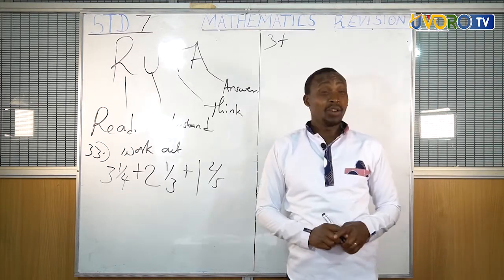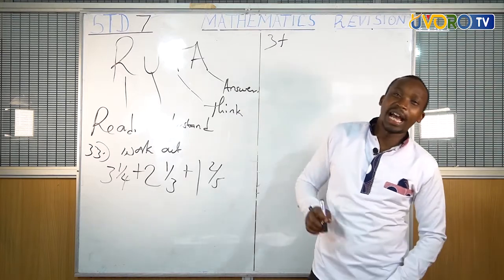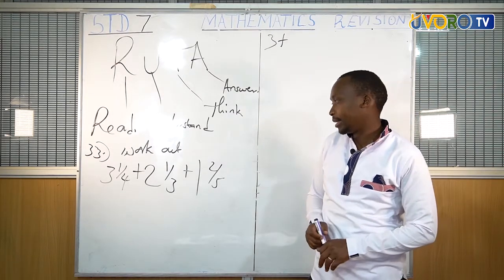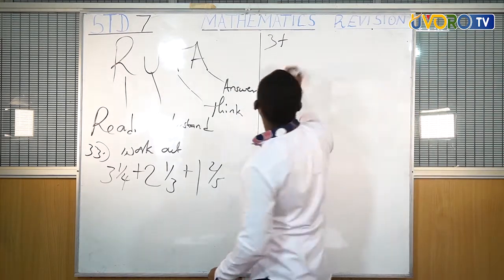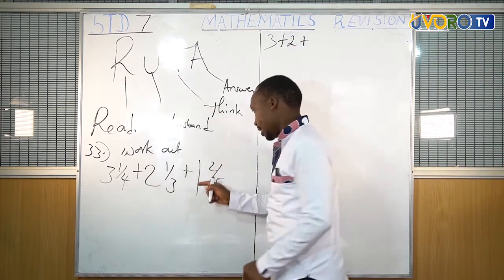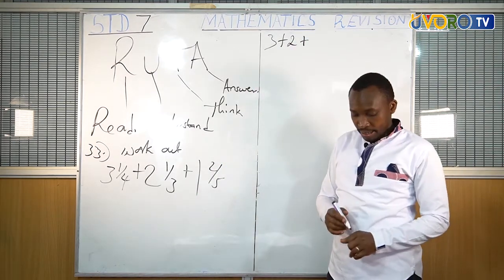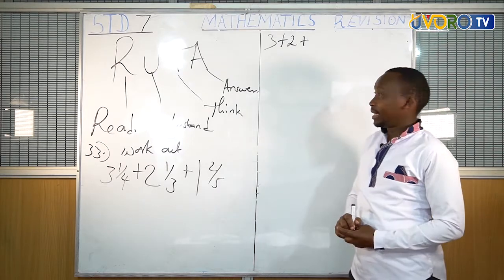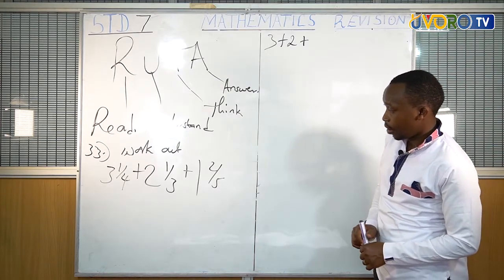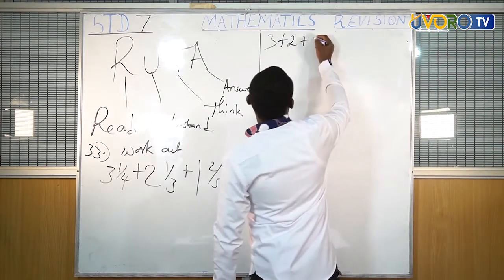It is not 3. We are talking of the number without a fraction. Which one is that? 2. Very good. So you put 2 plus the other set of numbers. Who can tell me the whole number that is there? 1. Very good. Now plus 1.